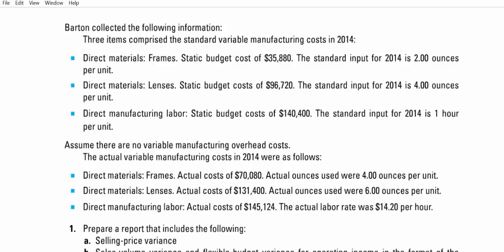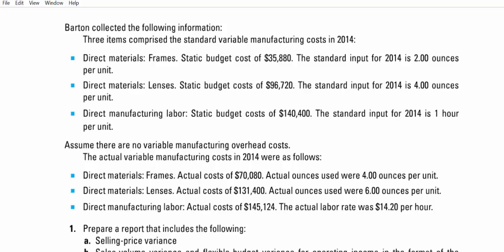So first of all, let's find out the cost per labor hour for static. It's going to be 140,400 divided by 7,800, then by 1.